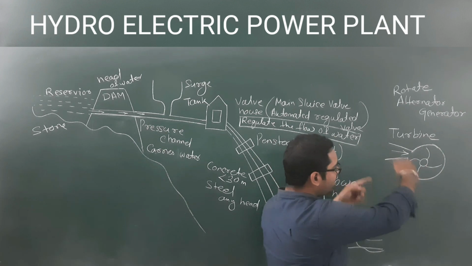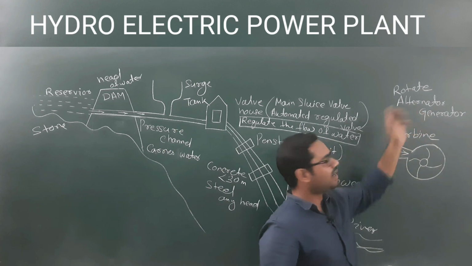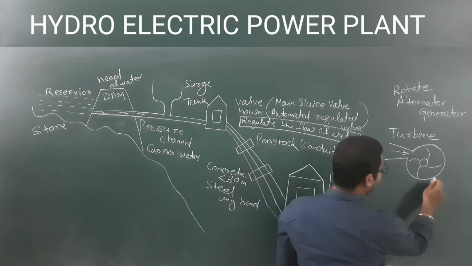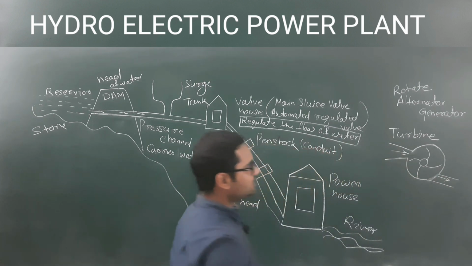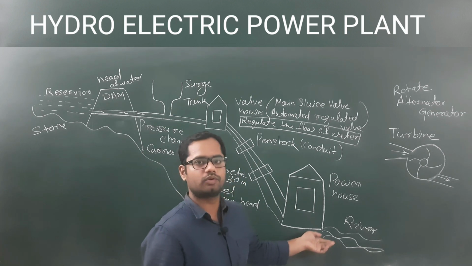When the turbine starts to rotate, the shaft of the turbine is connected to the shaft of the alternator. And after the useful work of the water, it gets out to the river.